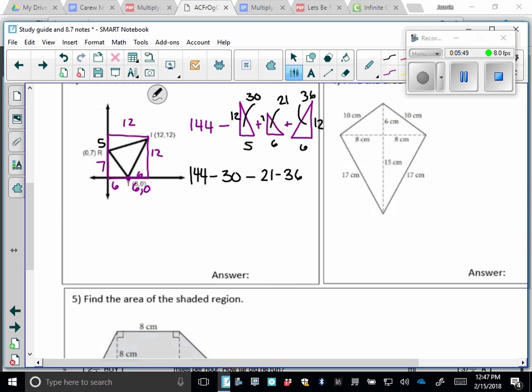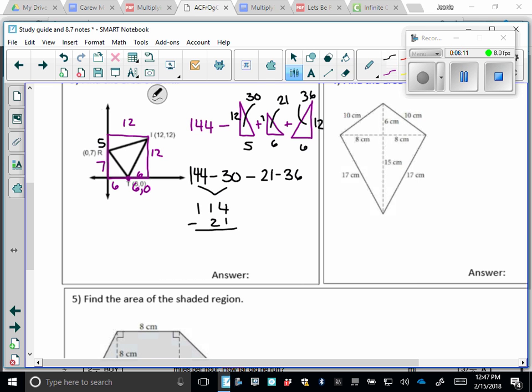However you want to take the next step is up to you, but you could just do it in pieces, or you could use some mental math, whatever works best for you.